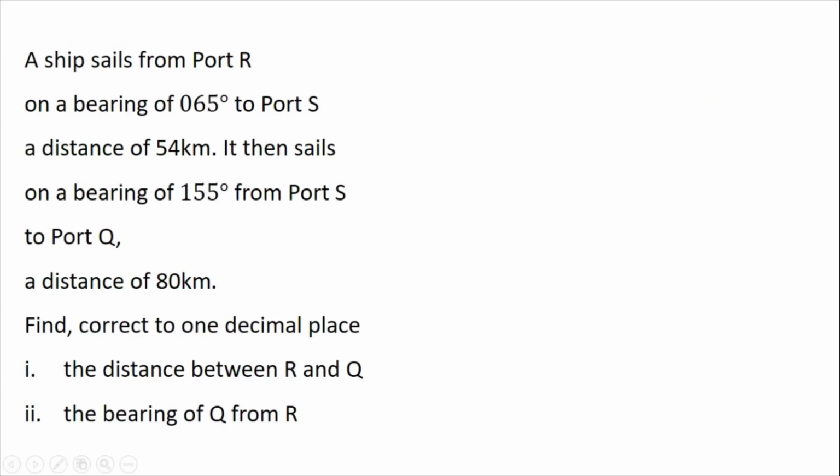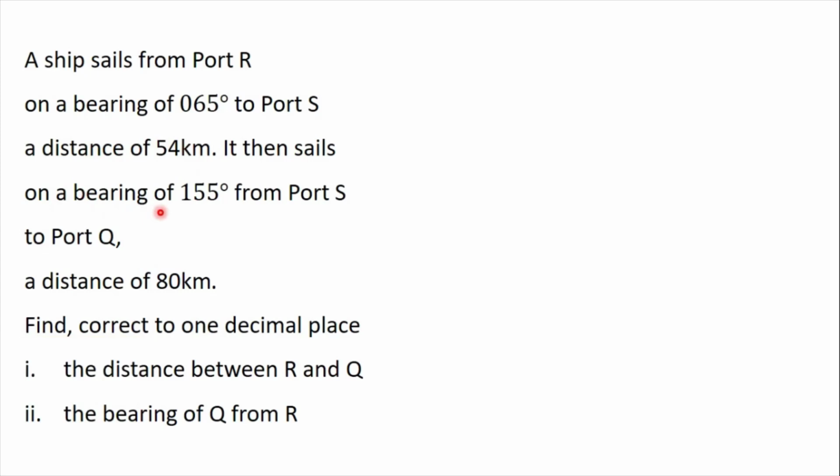A ship sails from Port R on a bearing of 65 degrees to Port S, a distance of 54 kilometers. It then sails on a bearing of 155 degrees from Port S to Port Q, a distance of 80 kilometers. So we are going to draw a diagram to represent this information that has been given to us.